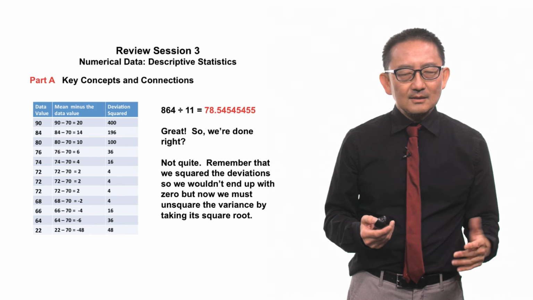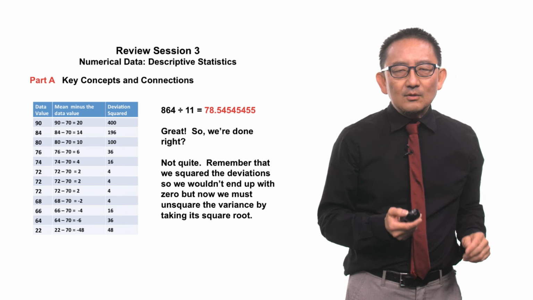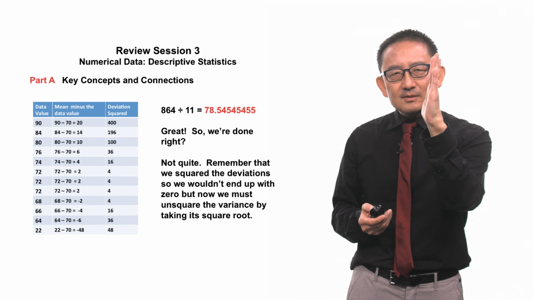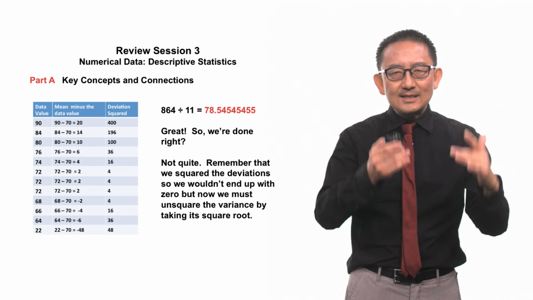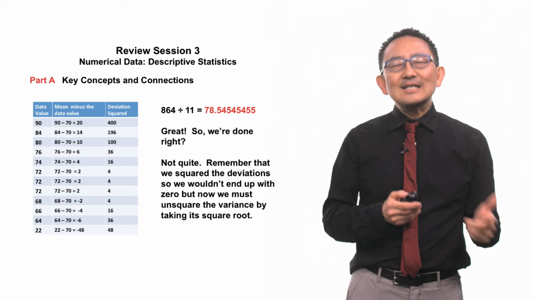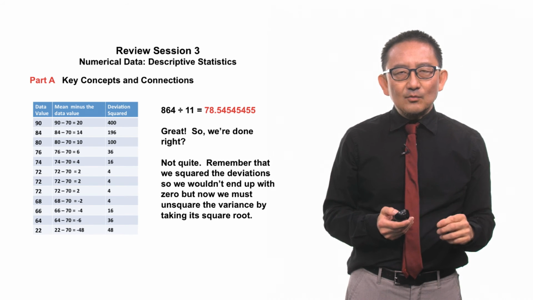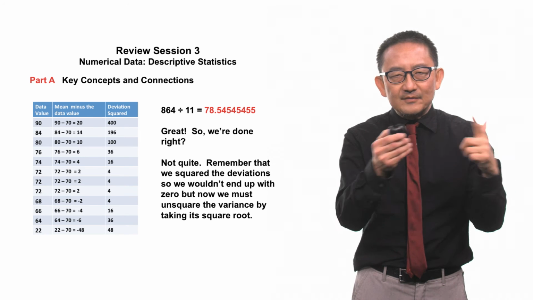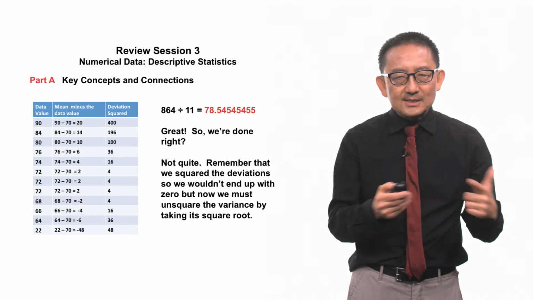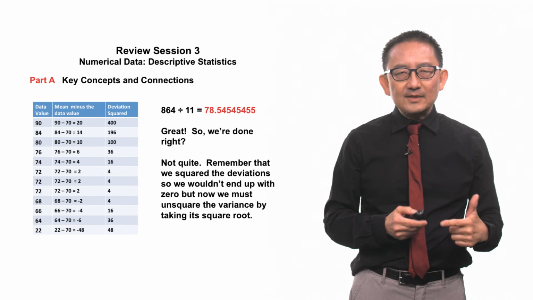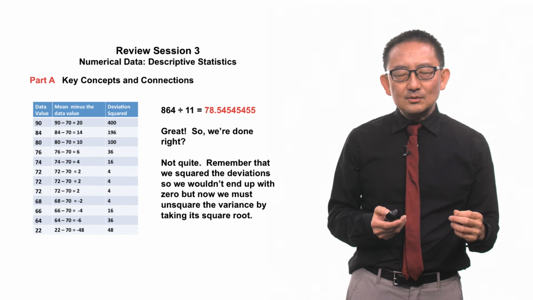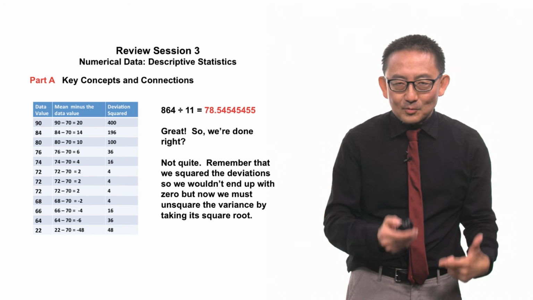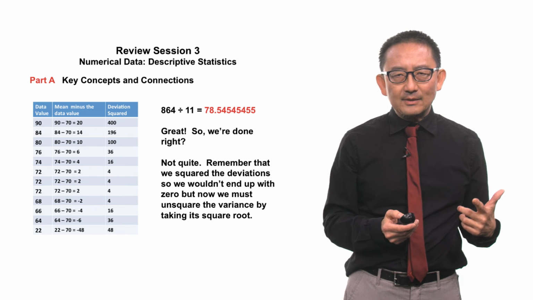Are we done? Well, not quite. Why are we not yet done? Because in the process of squaring those deviations, adding them up and taking the average of that, remember, we had to square everything in order to get to numbers that we can work with. So everything is squared. So what do we do to unsquare that which we squared?